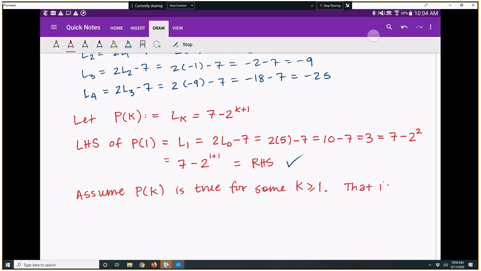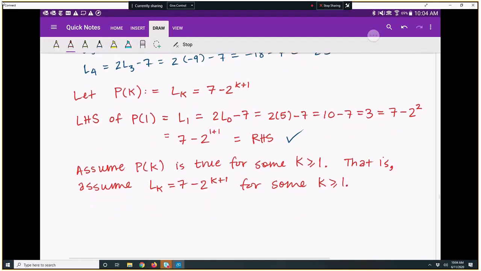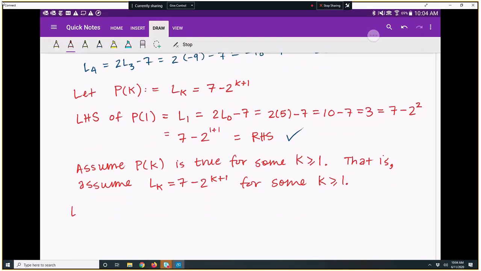That is, I want to assume L sub k is equal to 7 minus 2 to the k plus 1 for some k greater than or equal to 1. Now let's see P of k plus 1.